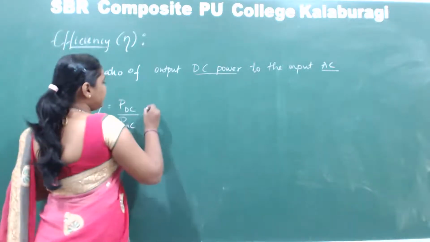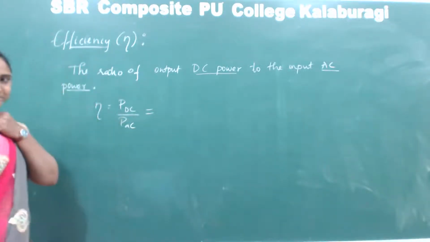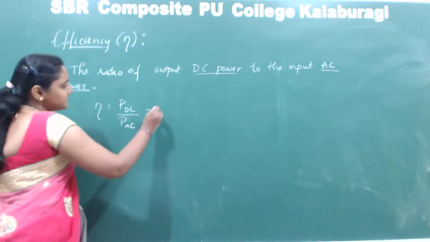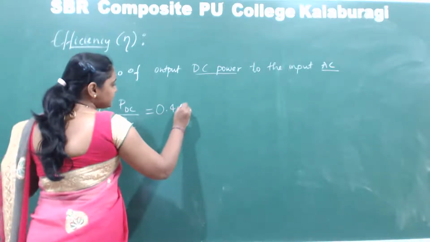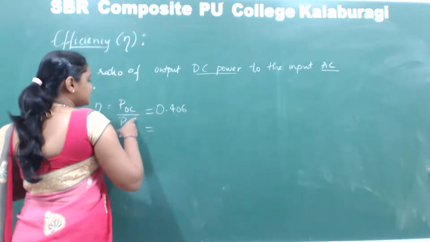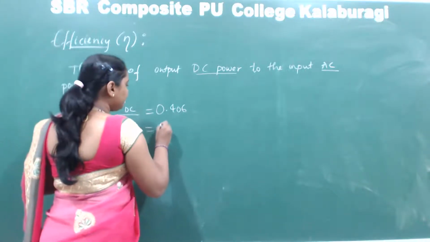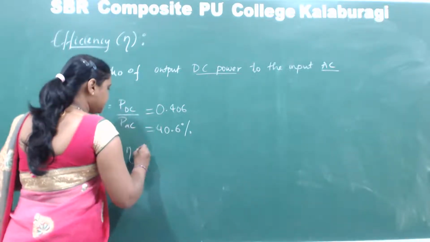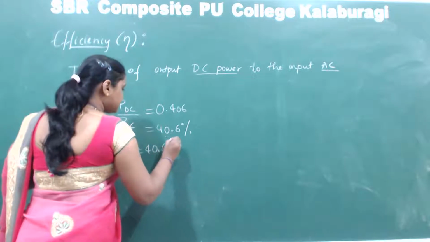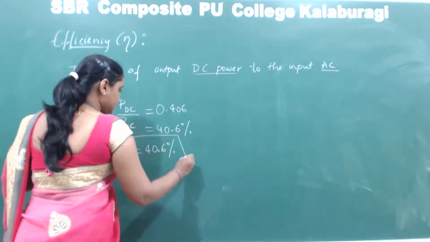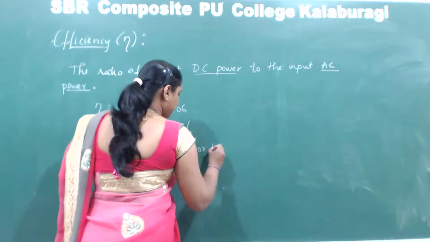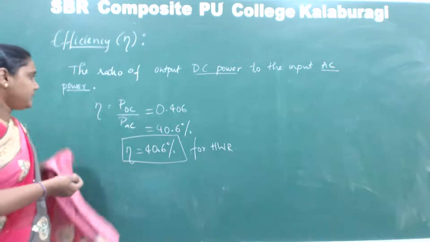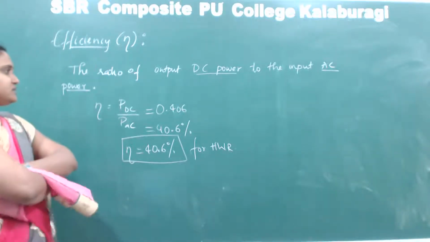Its typical value is 0.406, which can be written in percentage: multiplying by 100% gives 40.6%. So eta is equal to 40.6% for the half wave rectifier.